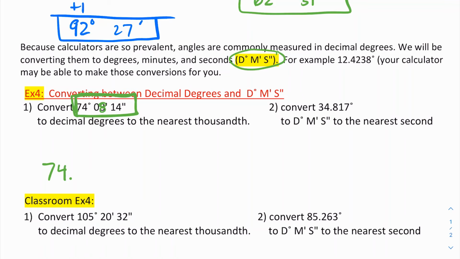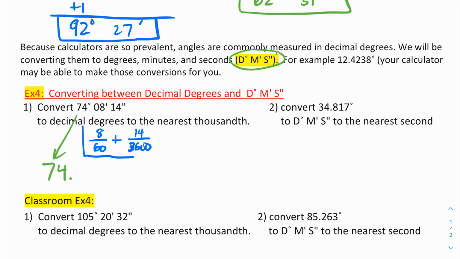So what you'll do in order to change this is you leave the 74 alone, and then you will do 8 over 60, so you're 8 out of 60 minutes, plus 14 out of, and so instead of 60, you have to do 60 and another 60 because you're taking the 60 minutes and then the 60 seconds, so you have to make that into seconds. So it's 60 times 60, so this will be 3,600.